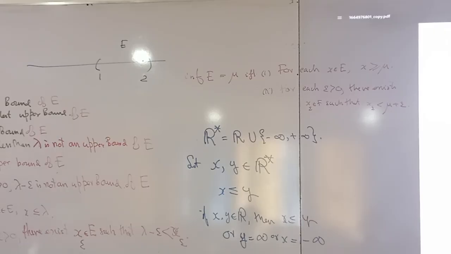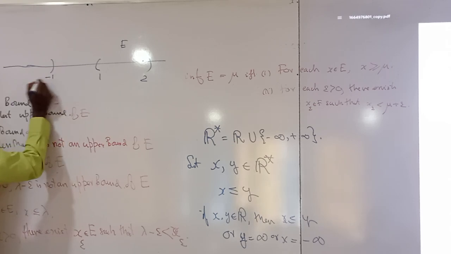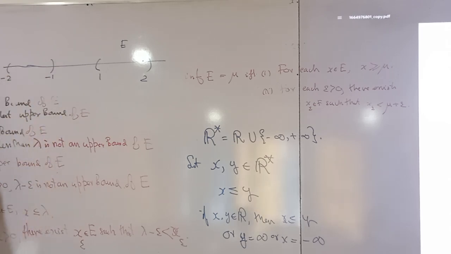He is defining inf E by minus sup of minus E. So now let's go to minus 1, minus 2. So sup of this set is minus 1. Minus the supremum of minus E is plus 1, you get it. So it makes sense. That's how he has defined it.